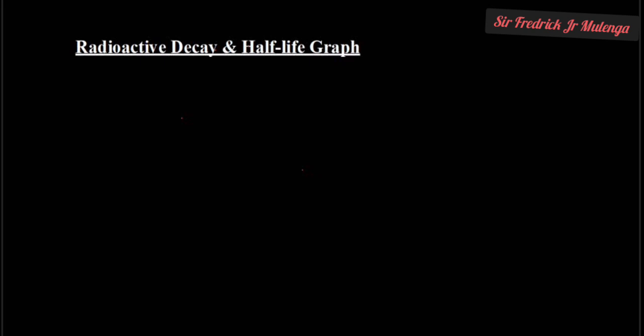Okay, so that's actually what radioactive decay is all about. Atoms tend to exist unstable, so for them to gain stability, they emit certain particles such as gamma, beta, and alpha until they gain a stable nucleus.